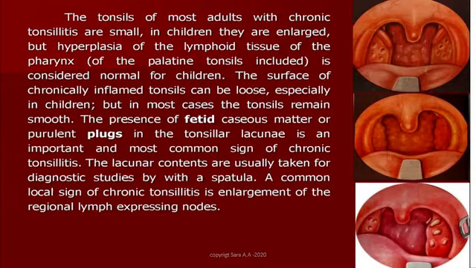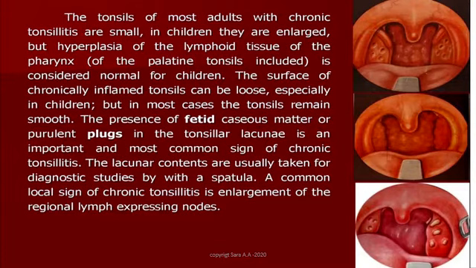The presence of fetid caseous matter or prevalent plaques in the tonsillar lacunae is an important and the most common sign of chronic tonsillitis. The lacunar contents are usually taken for diagnostic studies with a spatula.